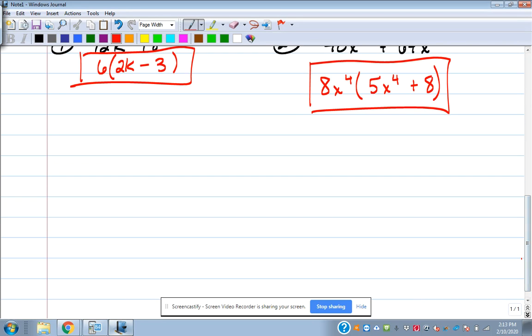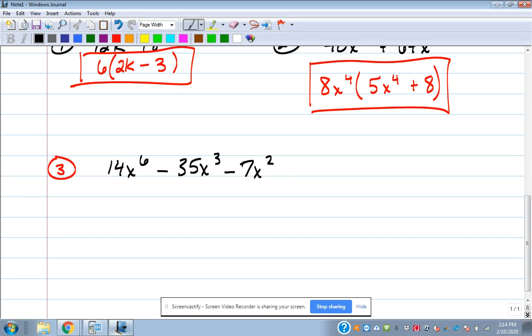Let's go. 14x to the 6th power minus 35x to the 3rd power minus 7x squared. So just putting some stuff out there, and we're going to see if we can find it.